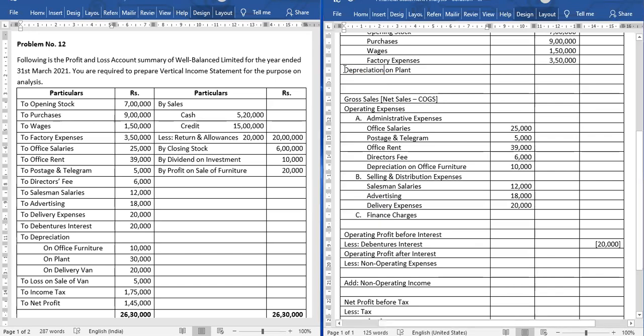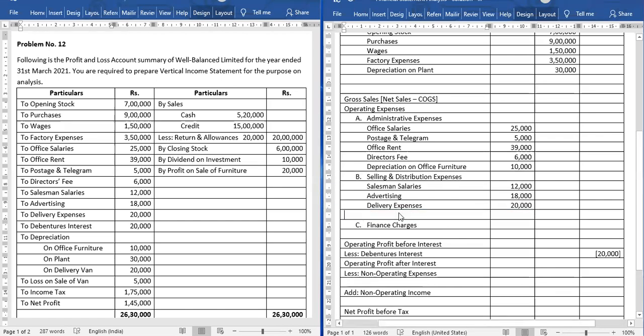How much? 30,000. Next is depreciation on delivery van. Delivery van is related to expenses of sales and distribution. Depreciation on delivery van. How much? 20,000. Yeah.